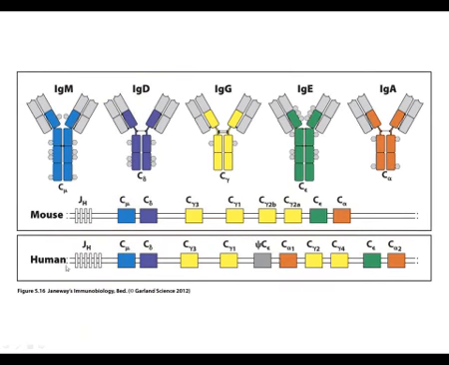Like I mentioned before, on the human DNA, you have your VDJ, but then right after the J, you're going to have mu and delta. And this is the only time you can actually have 2 different classes of immunoglobulin on the same B cell. So once it's switched, in general it's switched, and that's it. But this is actually an RNA event.